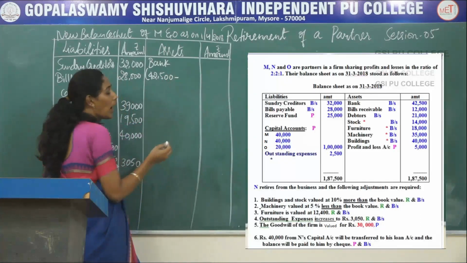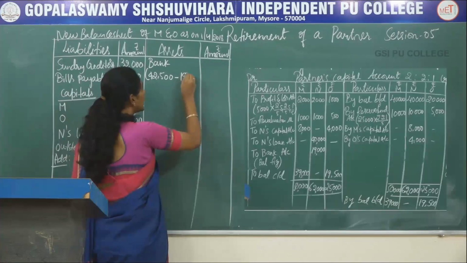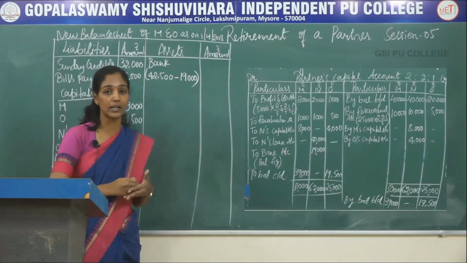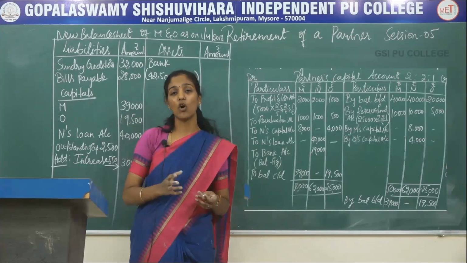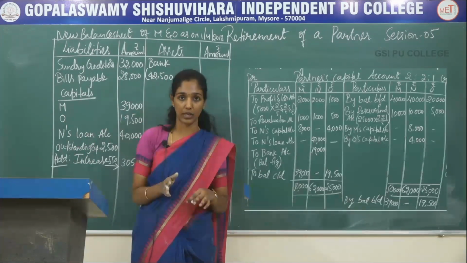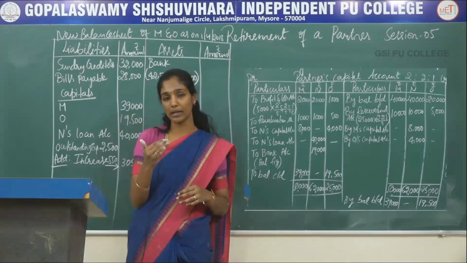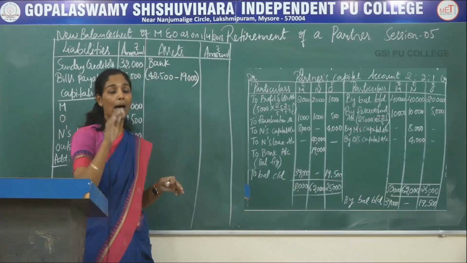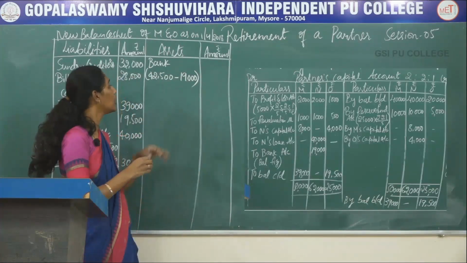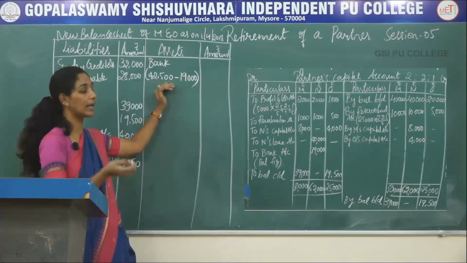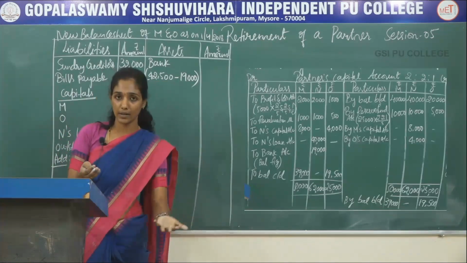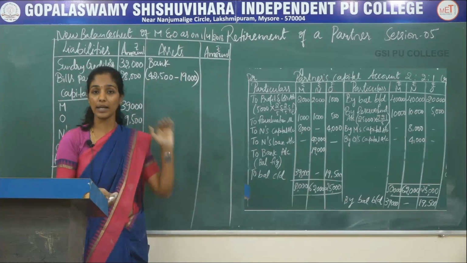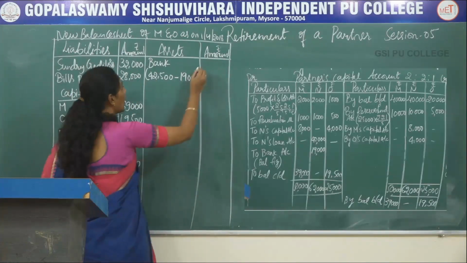Then you have to deduct rupees 19,000 from the bank balance. Why deduct 19,000? Here the balance of the retired partner is paid by cheque. So the balance we had to give to the retired partner is being paid through cheque, so the bank balance will automatically decrease. So 42,500 minus 19,000, you will get 23,500.